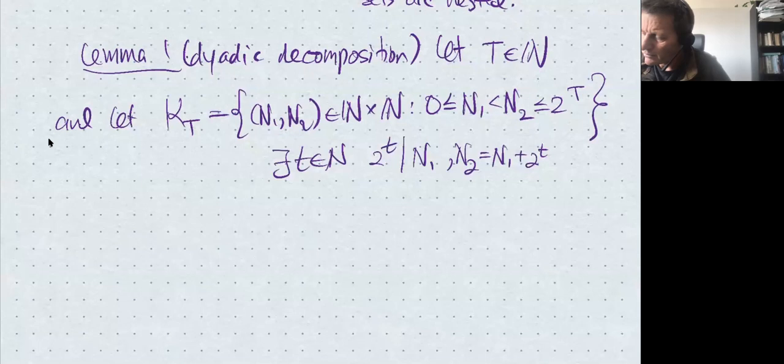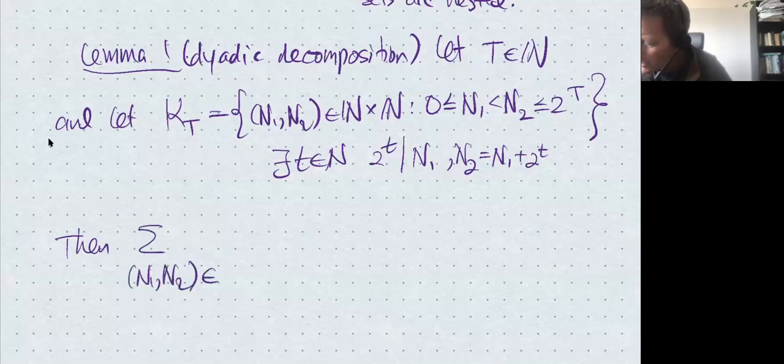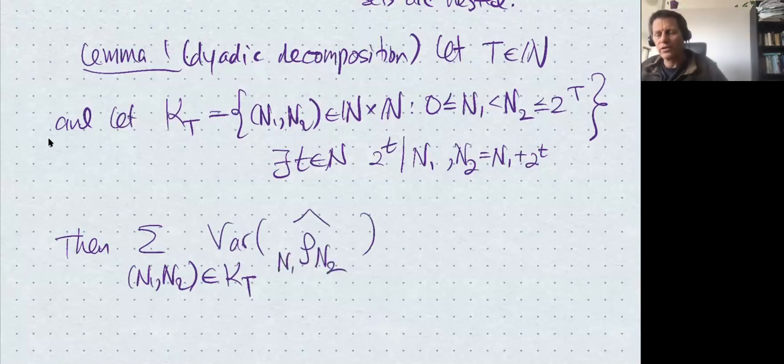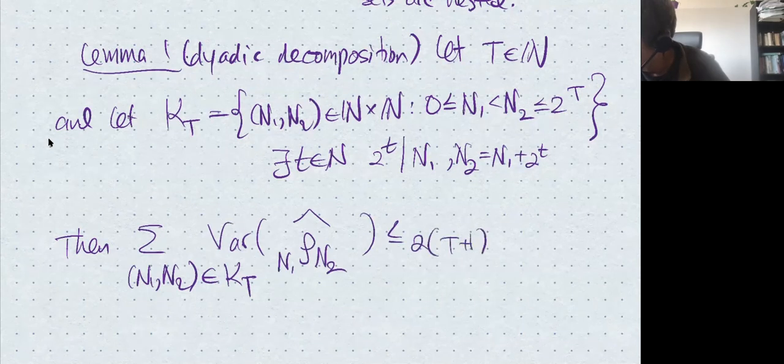Then the sum over pairs of numbers n1 and n2 in Kt of the variance of the Siegel transform of this function rho evaluated at n1 and n2 is less than 2 times t plus 1 to the t.